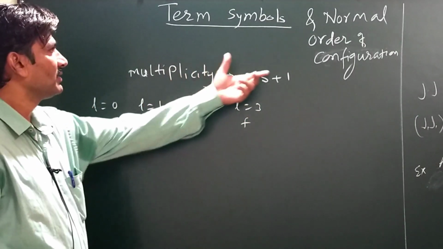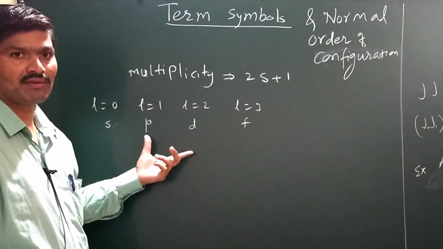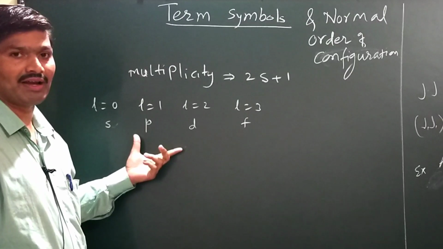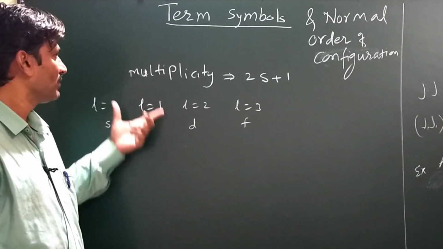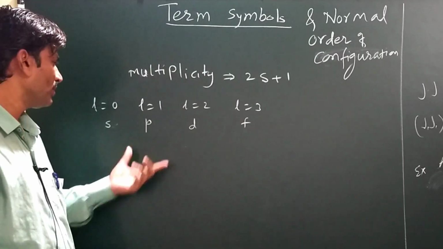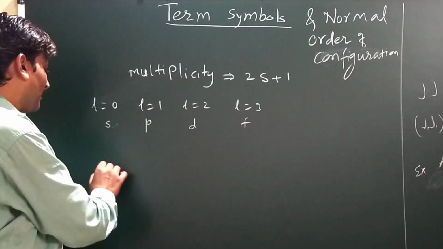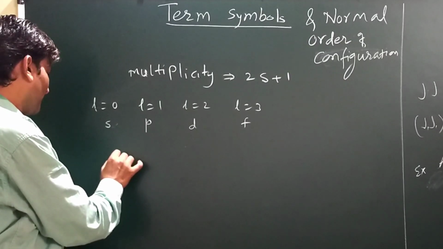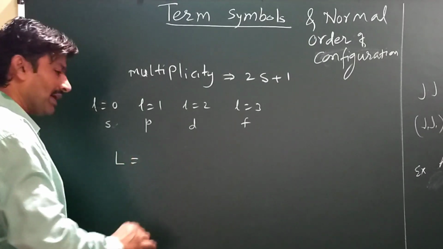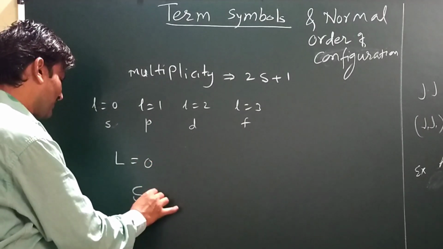Now for writing the term symbol, we have to use the capital letters, meaning we write them for the total angular momentum. When capital L equals 0, the state is the capital S state.